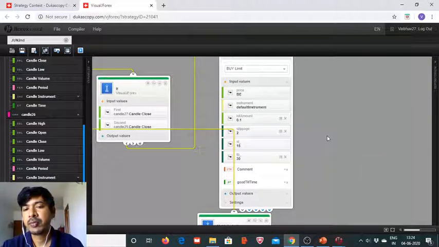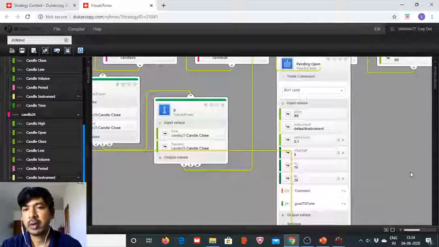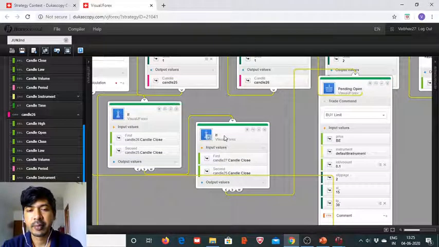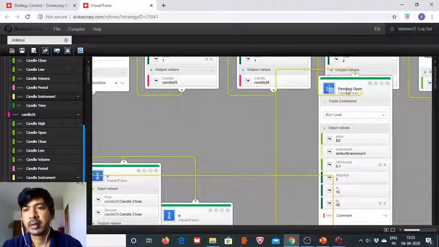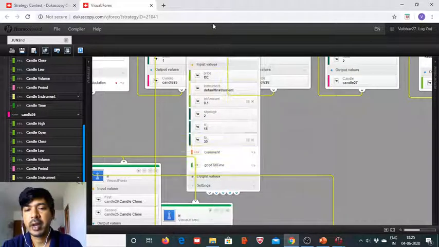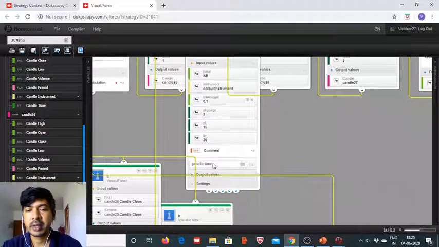And now good till time, order validity. For order validity time we need to create a fresh variable of long type.